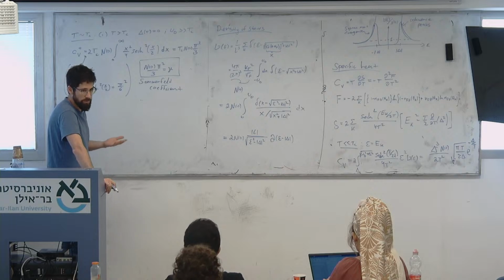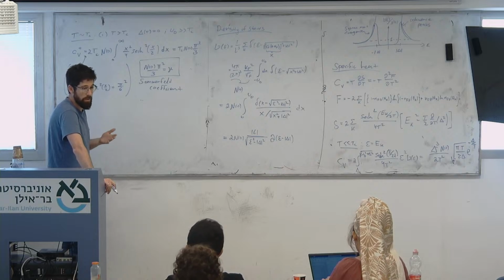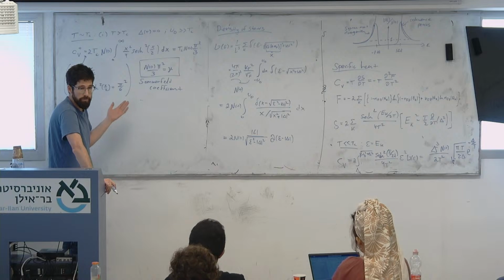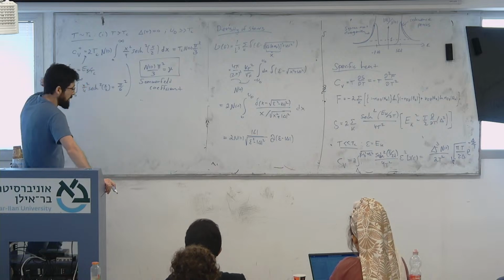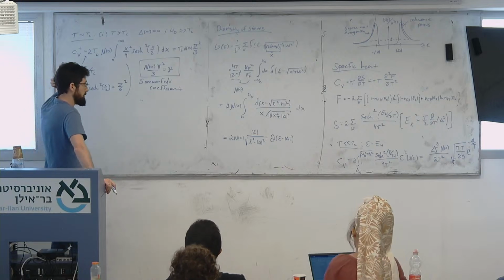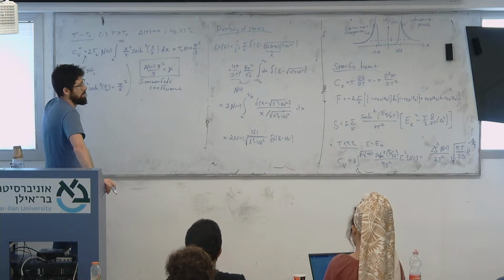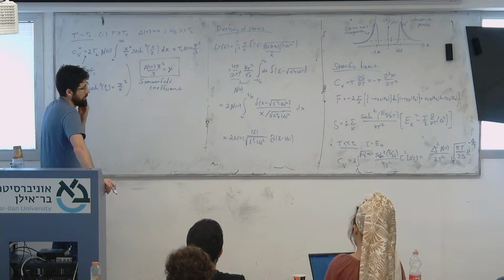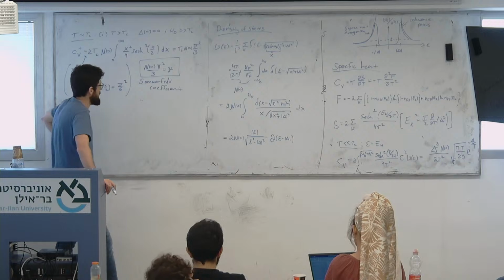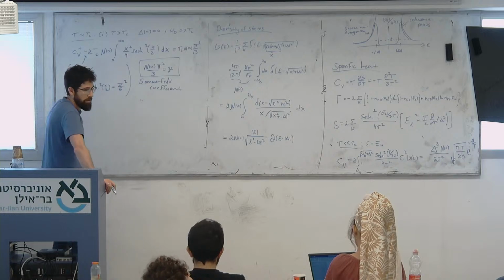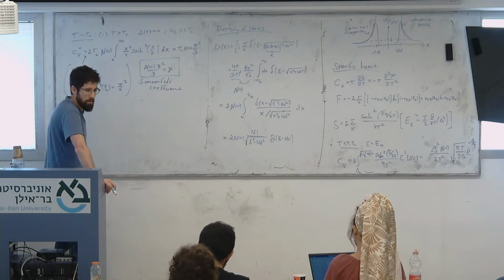The constant density of states leads to a specific heat which is linear in T. Basically the change in entropy with temperature is linear in temperature, and this coefficient is known as gamma. This is a very distinctive feature of fermions.